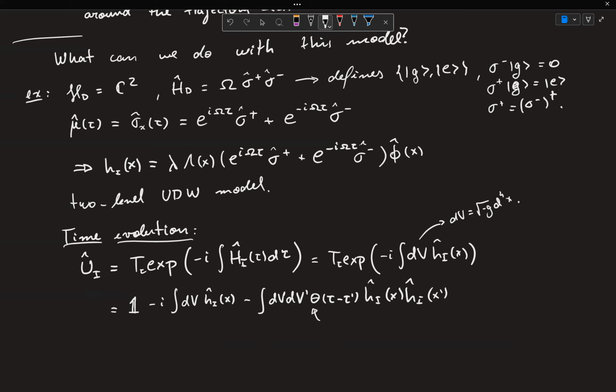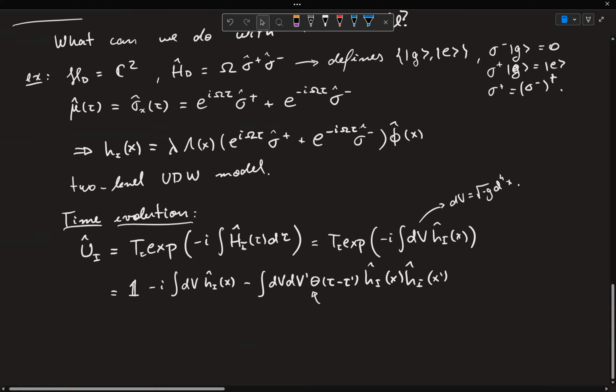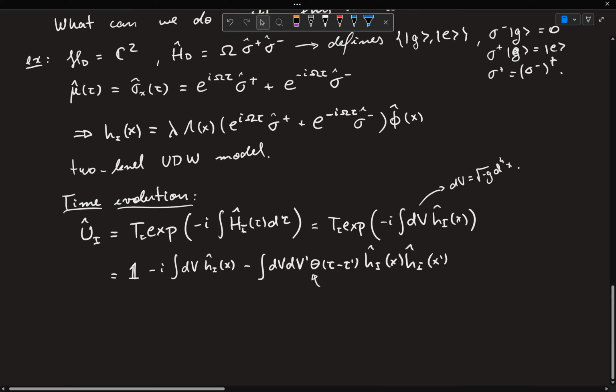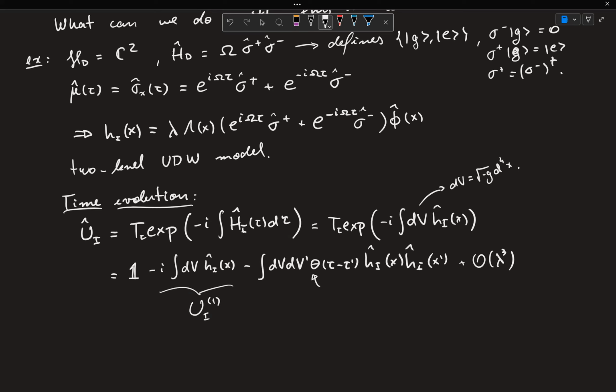The reason that I'm writing the Heaviside theta here is because we're going to be able to use this to relate it with the Feynman propagator and the time parameter dependent functions that we had before. And of course, there will be higher order in lambda terms as well. For now, we'll be interested only in terms up to second order in the coupling constant.